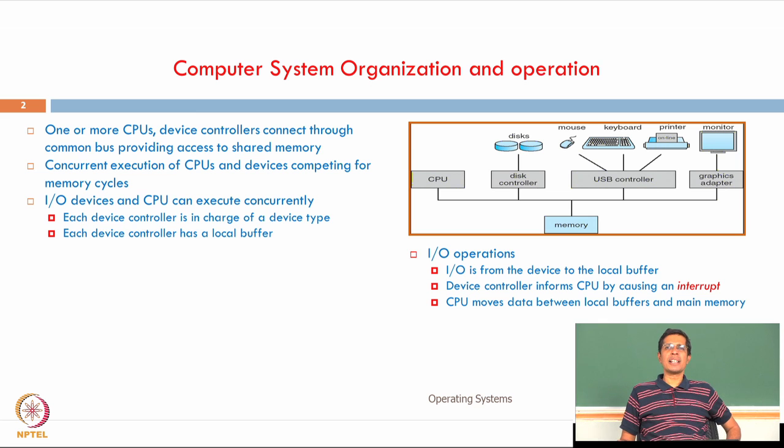Each of these peripherals have certain intrinsic value in terms of, suppose we take a disk, there is a way a disk will store certain data, there is a way the disk will allow access to the data. So, different disks could have different formats. Similarly, different printers could have different formats by which they will do the printing, they could have different functionalities.